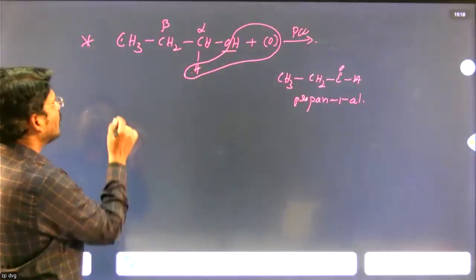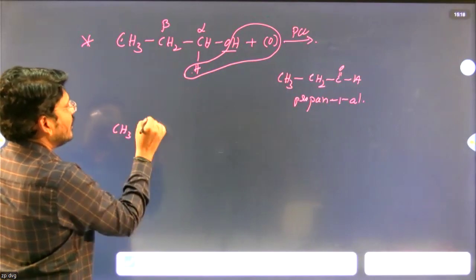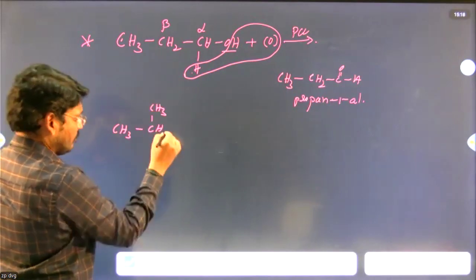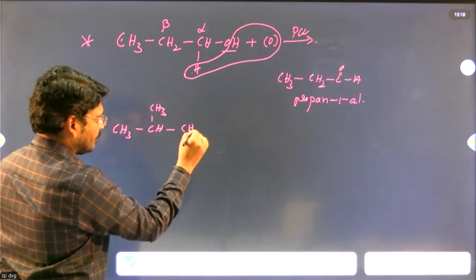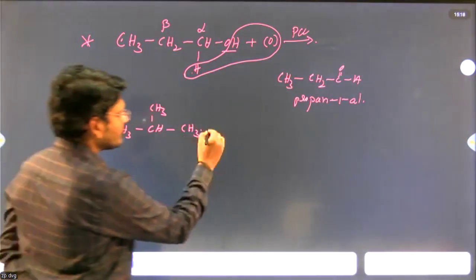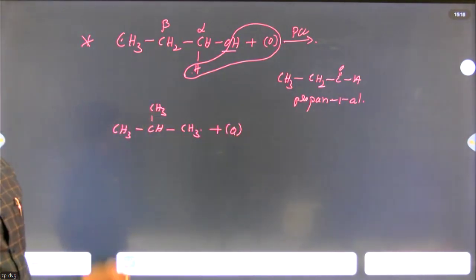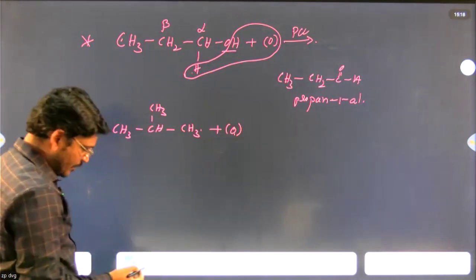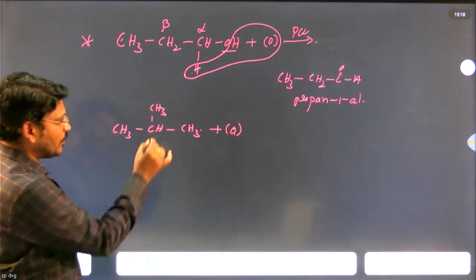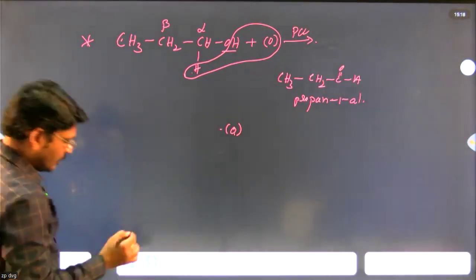Otherwise we can take one more example, like CH3, CH, here one CH3, here one CH3. If you observe carefully, when this undergoes oxidation, observe, as I have already said, for oxidation we compulsorily require an alcohol.